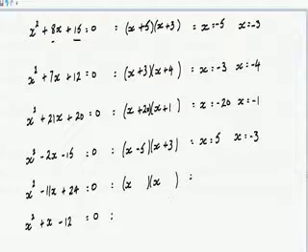Again, what times what is going to give me 24, that if I add or subtract will give me 11. Forget the minus 11, just 11. Now 6 and 4, as we said before, will give me 10. That's no good. 2 and 12, that's no good.